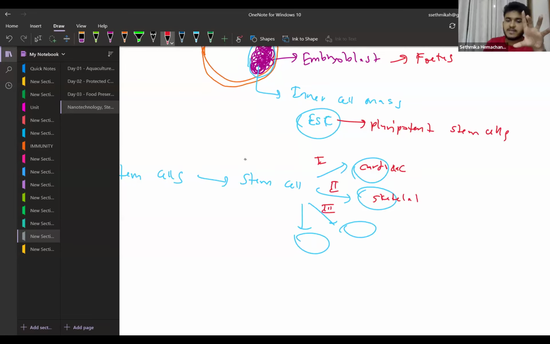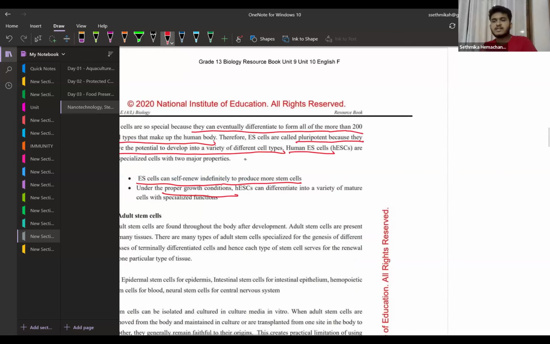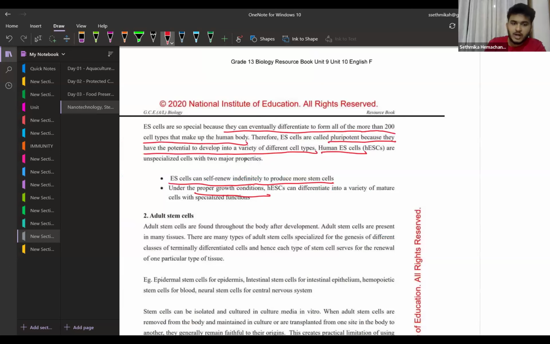If another signal, type 3, is given, they develop into blood. So according to the different conditions, they change what cell type they differentiate into. So under the proper growth conditions, human embryonic stem cells can differentiate into a variety of mature cells with specialized functions.